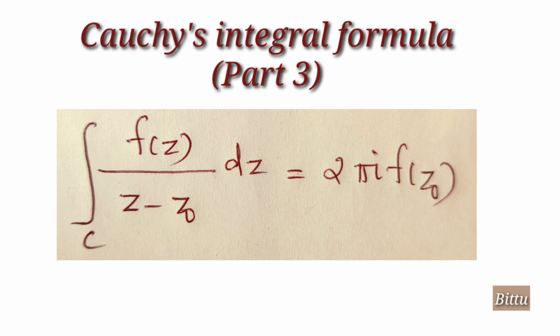We have to evaluate this integral, so you multiply 2z minus 1 on the left side and right side. You can see it is minus (2z minus 1) by z plus (2z minus 1) by (z minus 1).